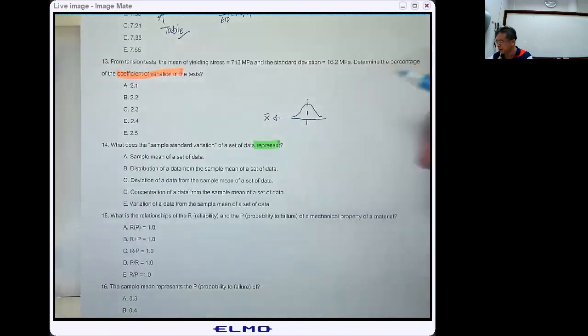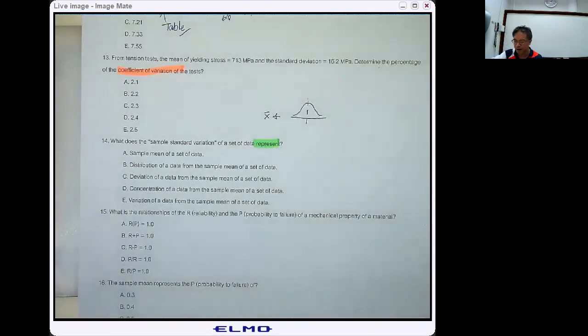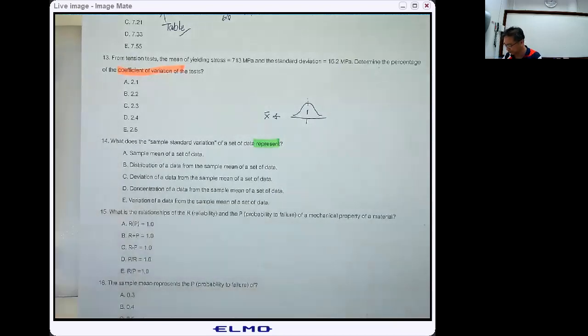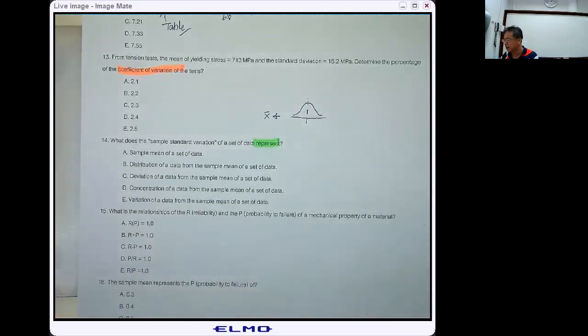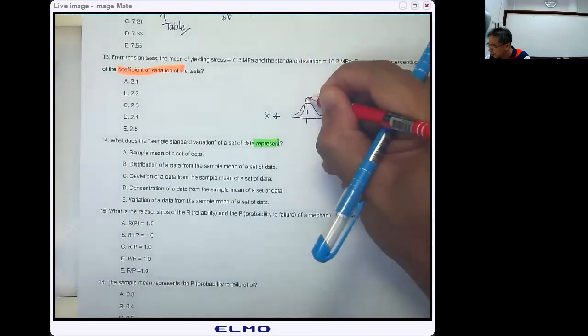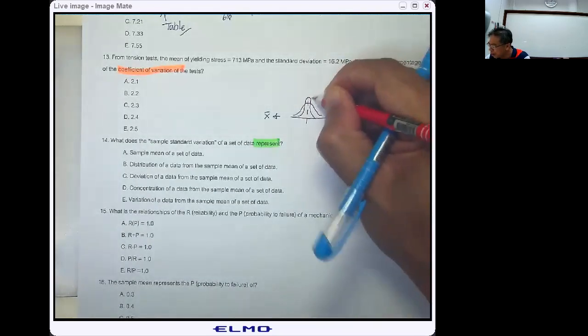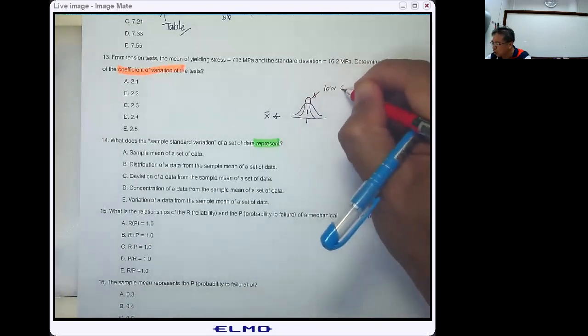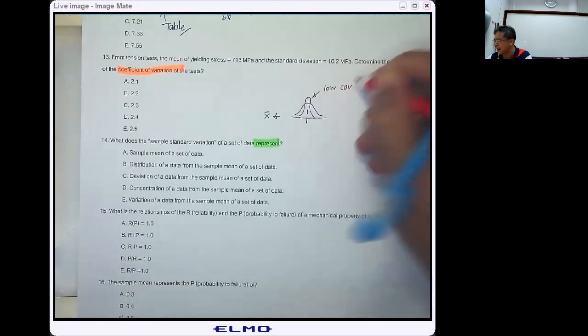Okay, but there are different types of normal distribution based on this. If the data is good, all of the test results are supposed to be very close to each other. Okay, for this one, you're going to get a low coefficient of variation.